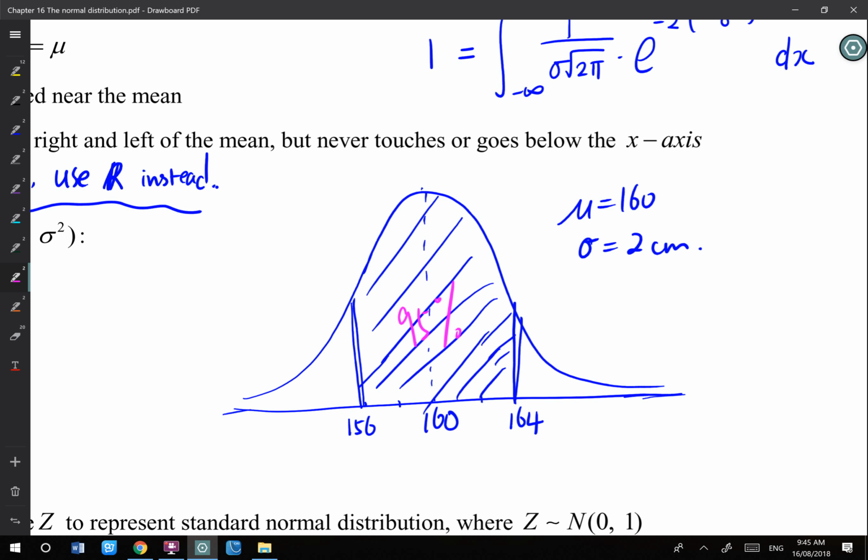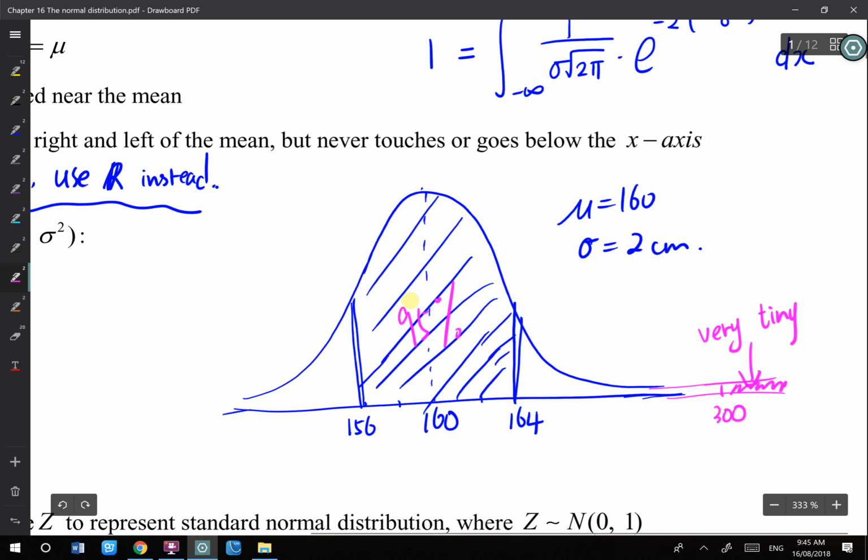Therefore, if you think about that, say 300 is here. How many standard deviations are there in the middle? A lot, right? From 160 to 300, there's a lot of standard deviations in between. So what's the area here? It's very, very tiny after 300.